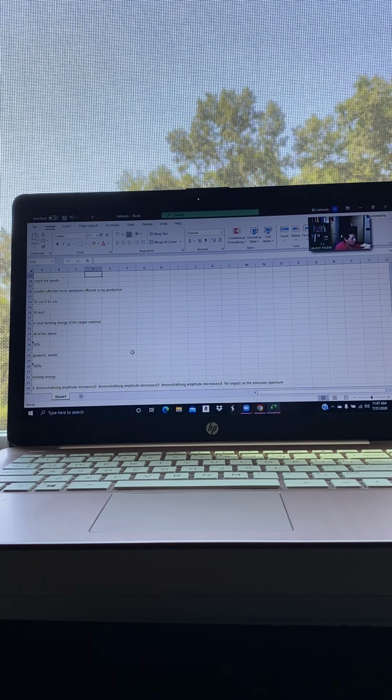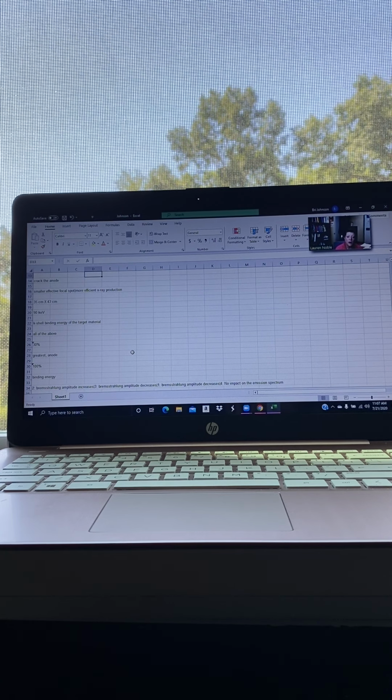And then the next one was a select 2, and it was talking about the line focus principle and what the benefits are. With the line focus principle, there is a larger actual focal spot, which corresponds to better heat dissipation.